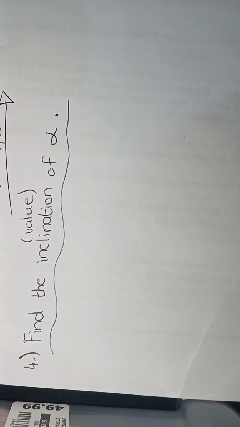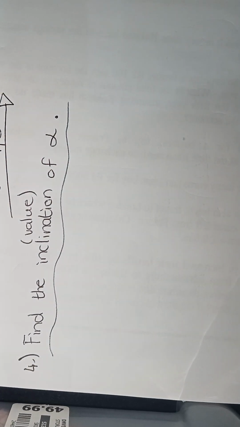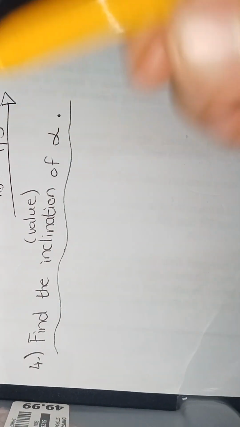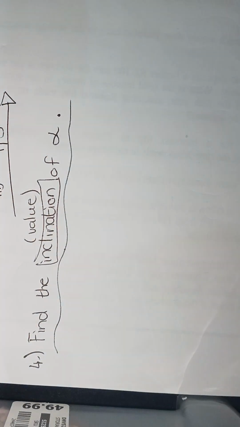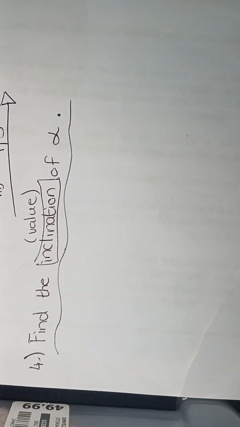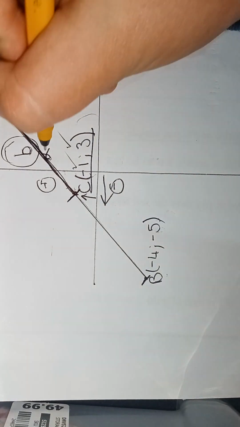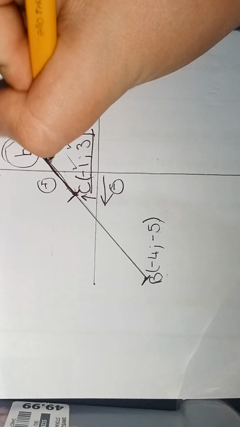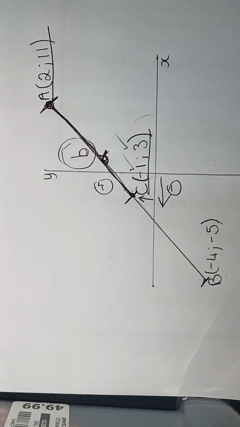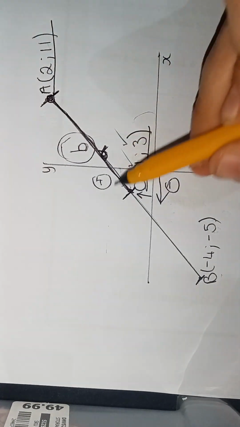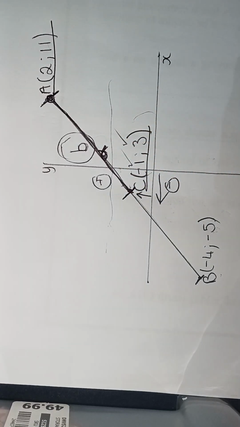Last question. Find the inclination of alpha, or the value of alpha, but you're going to use the inclination formula. So firstly, let's go back to our graph. Where's alpha? There's alpha. There is no x-axis going through there.